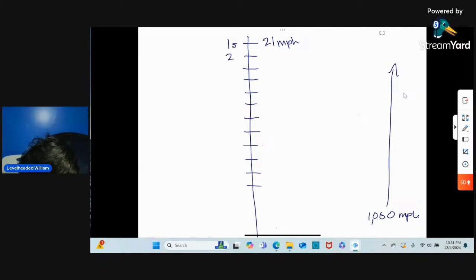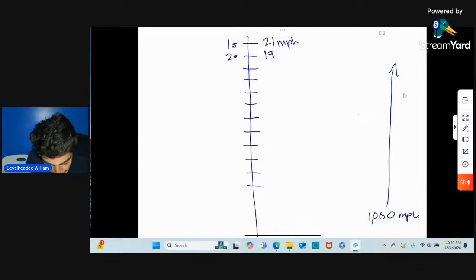In the second second, we'll say 19 miles per hour. It will be a 2 mile per hour per second slower deceleration rate in the next second than the previous. So that's how we're going to decelerate down to 0.